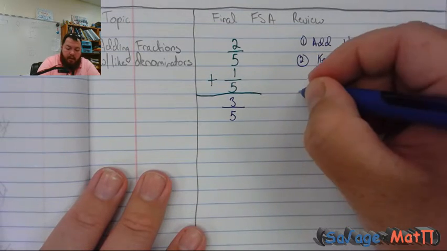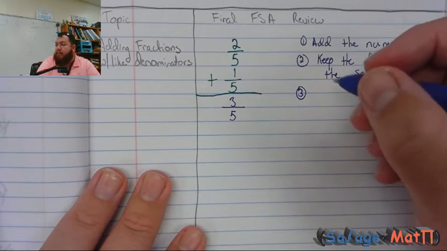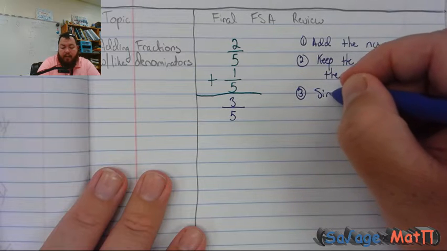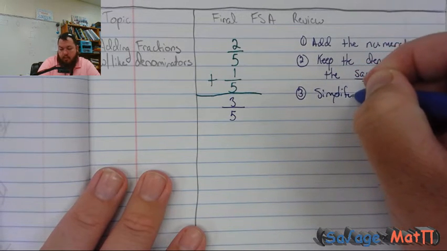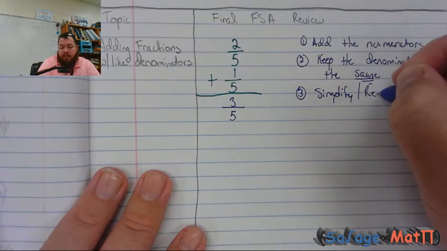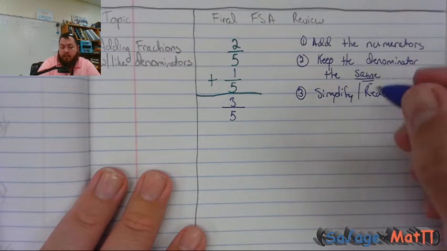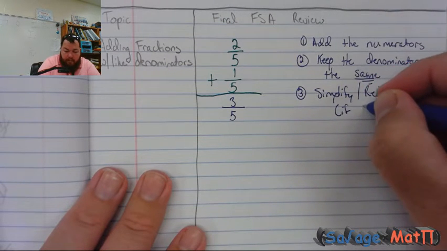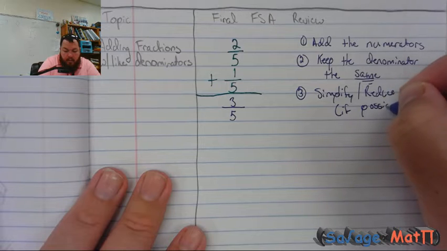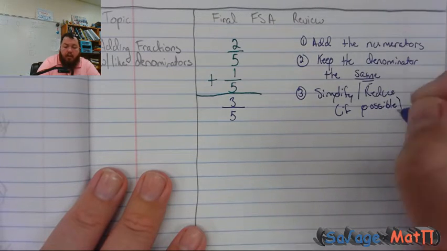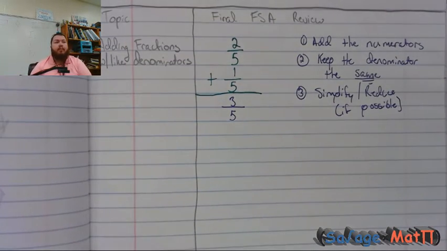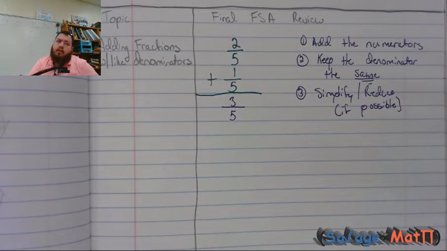Our final step, sometimes we don't even have to do it: simplify or reduce if possible. In this problem, can we reduce, Clayton?